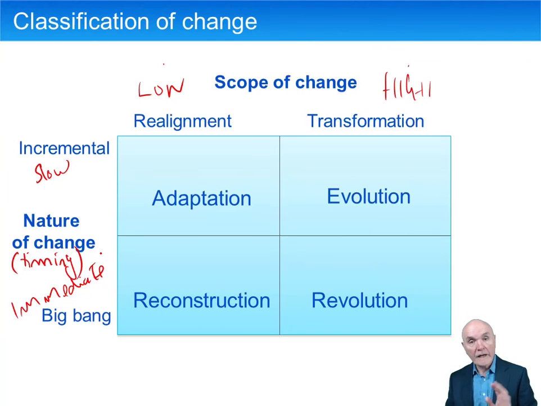And there are four names which you need to know in here, and it can be helpful, I think, for the top two to think in terms of biological terminology, that zoologists talk in terms of animals adapting to their environment, which tends to mean a relatively minor change, perhaps to their feeding habits or the colour of their plumage or something of that sort.